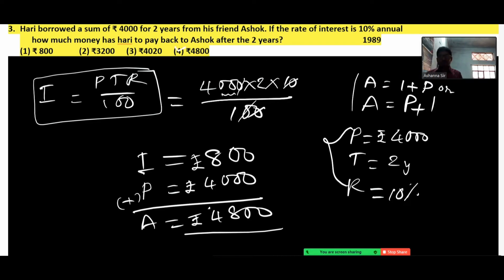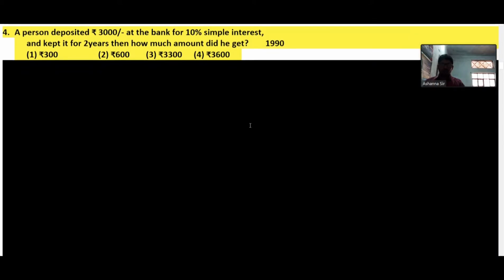So option 4. Fourth question. A person deposited 3,000 at the bank at 10% simple interest and kept it for 2 years. Then how much amount did he get? Here we have to find the amount.